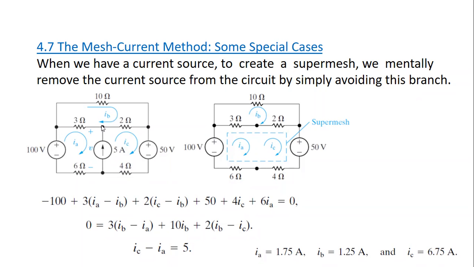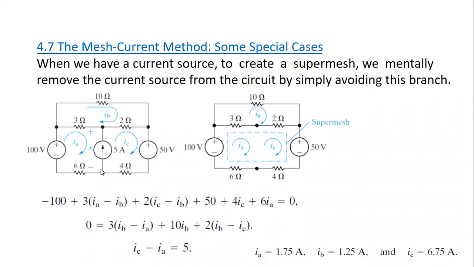As you remember, mesh analysis is based on writing KVL, and KVL is composed of voltage drops. I can write the voltage drop in this voltage source: it is 100, and while going up it will be negative 100. I can write the voltage drop in this resistor as 3 times (IA minus IB), and in this 6 ohm resistor as 6 times IB.